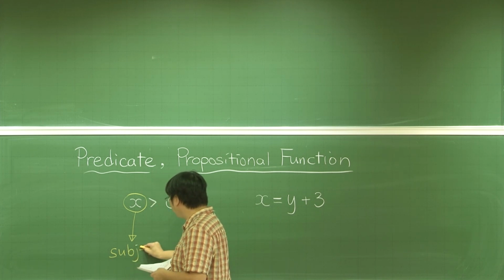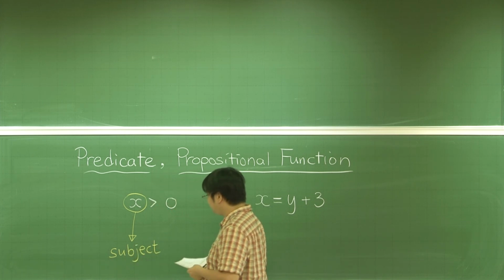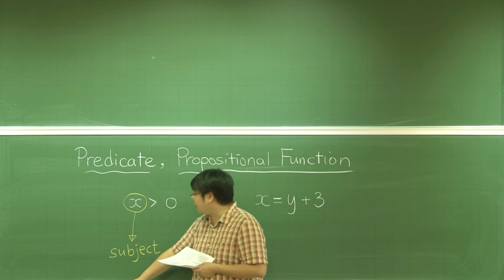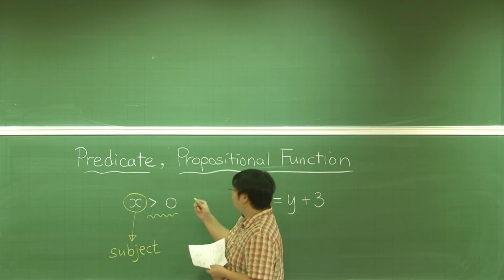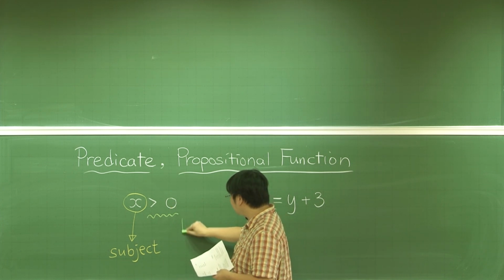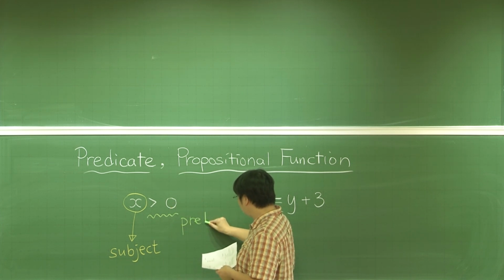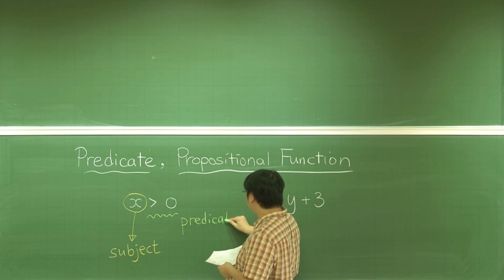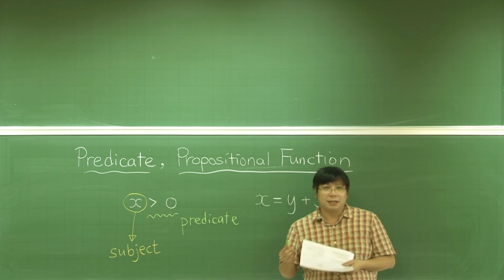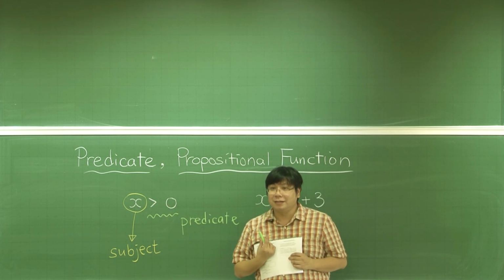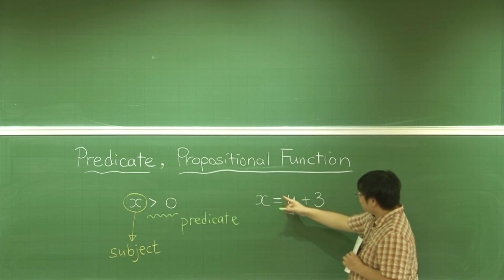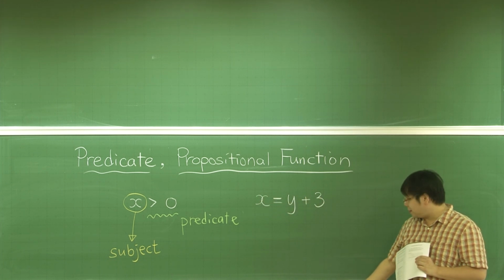Apart from the subject, everything that is describing x, we will call the predicate. So the predicate is some property that is associated with this variable x. Is that okay?